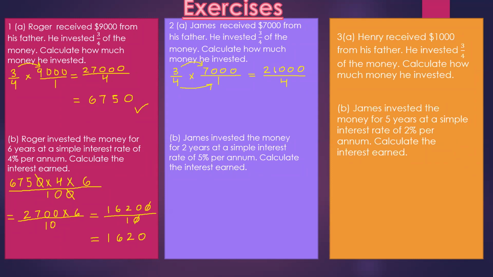What do you get when you divide 21,000 by 4? 5,250. Good. And for this one, what do we do for the interest? It would be 5,250 times 5 times 2 over 100. Good.